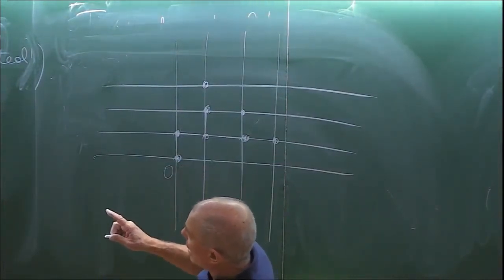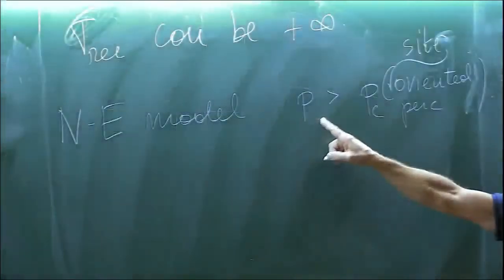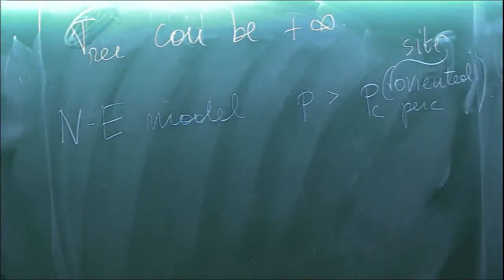So now suppose that we take the northeast model, but p is bigger than this oriented percolation threshold. This means that with probability 1, if you sample an initial configuration from the stationary reversible measure mu, then with positive probability there are infinite oriented paths of ones. Now, these oriented paths of ones cannot move.